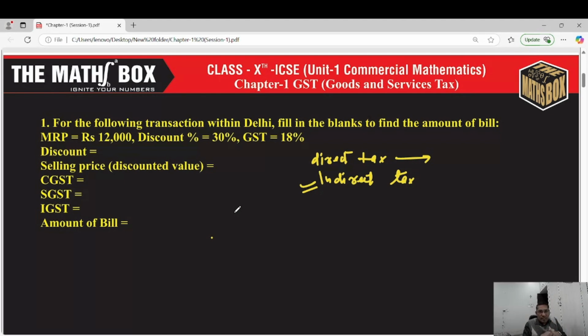Everything is being charged by the government in the name of GST. This is the indirect tax. We're not paying the tax directly to the government, rather it is going to the government in parts. So indirect taxes are the main source of income of the government.